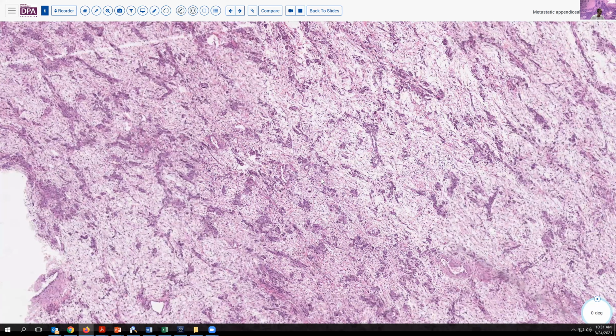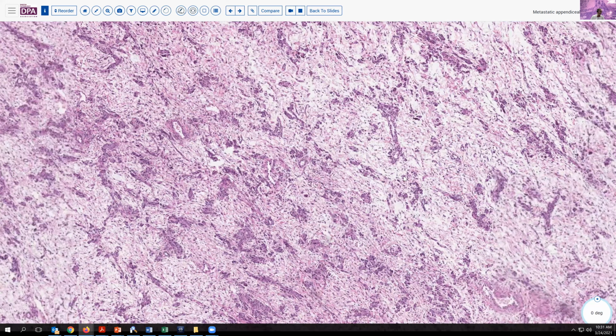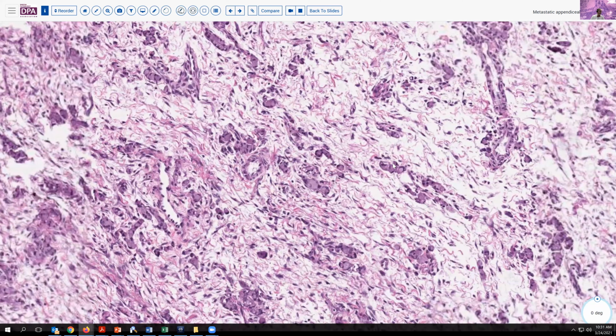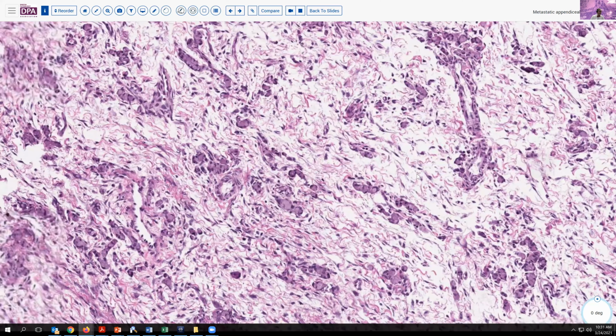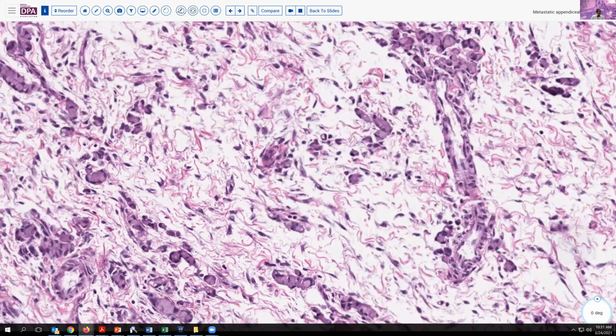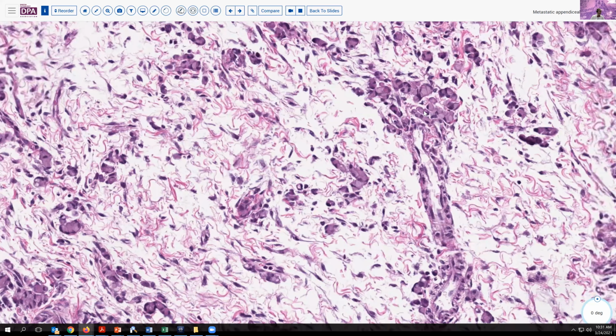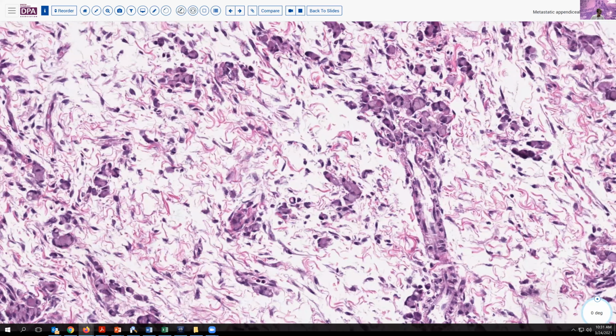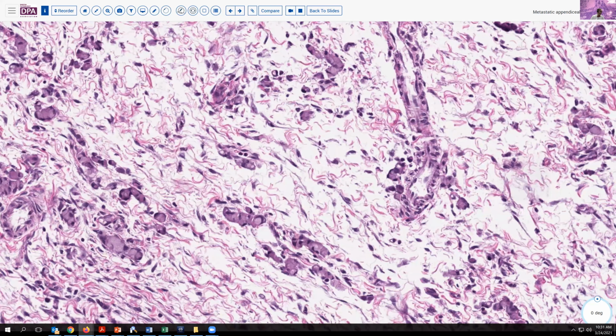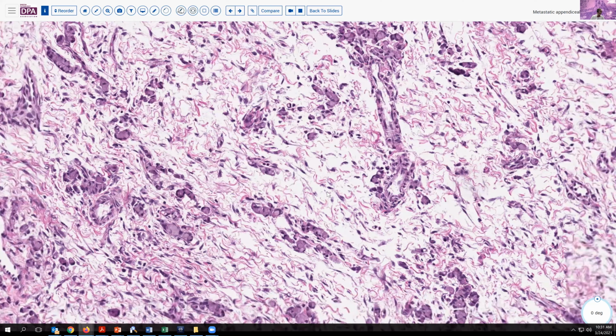However, on higher magnification, we can appreciate that these are not strictly vascular structures, but in fact, many of them are associated with little clusters of, again, signet ring cells. So this signet ring discohesive type carcinoma can be very subtle in its presentation and in its efforts to mimic the tumor or to mimic other processes.